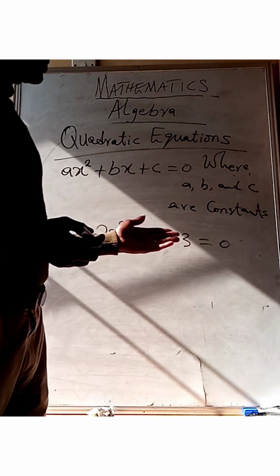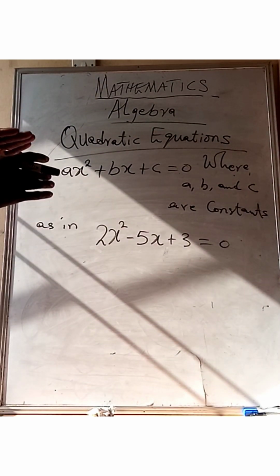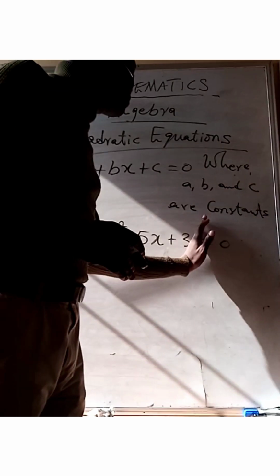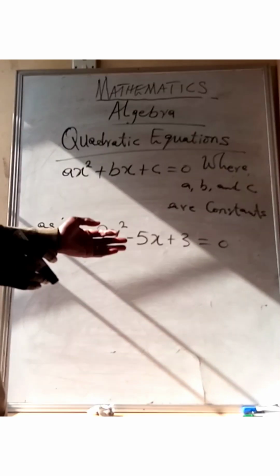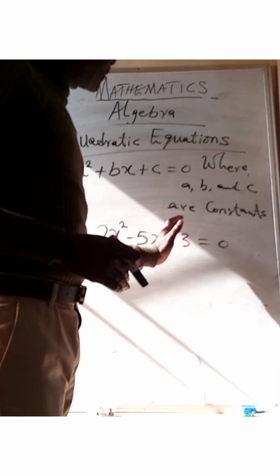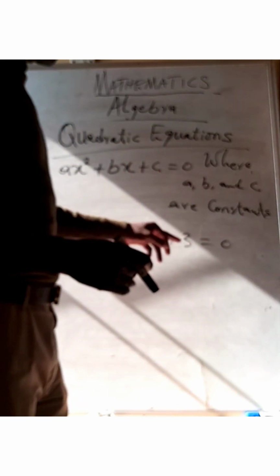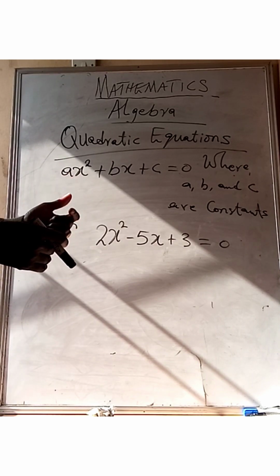This is an equation, as against what we had in the previous class, which was limited to an expression. That was because of the absence of this equality sign and this 0. Ordinarily, we would have considered that this is as good as what we had before, but the presence of this sign makes the difference.